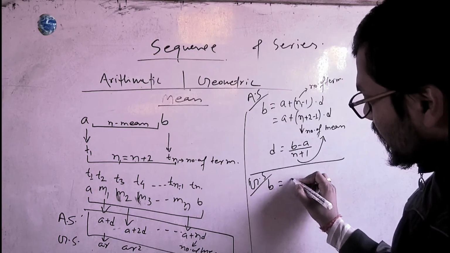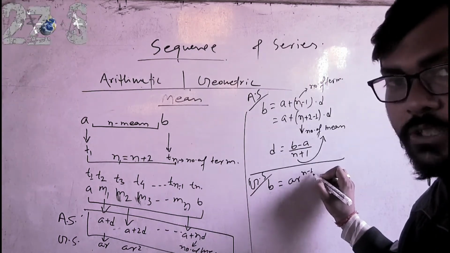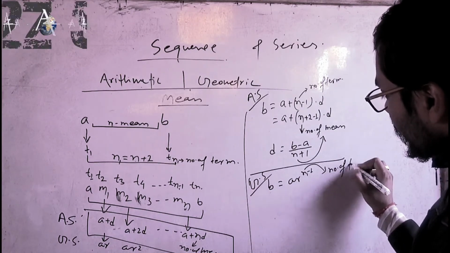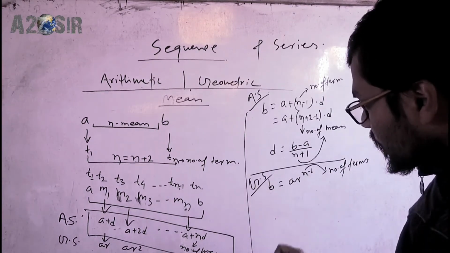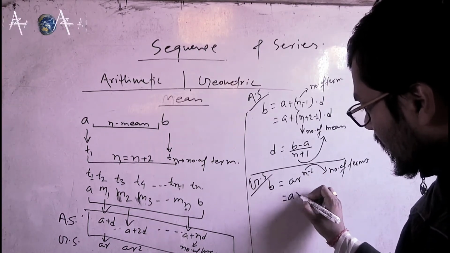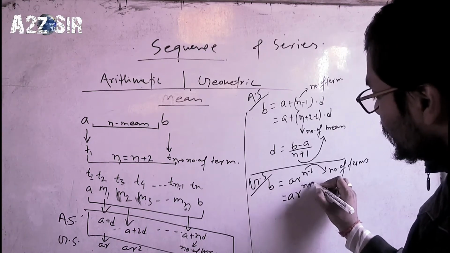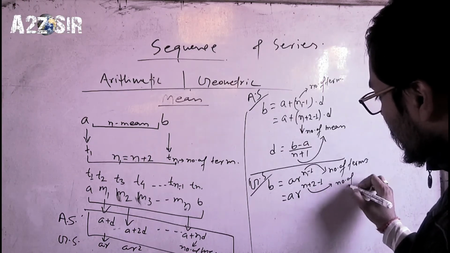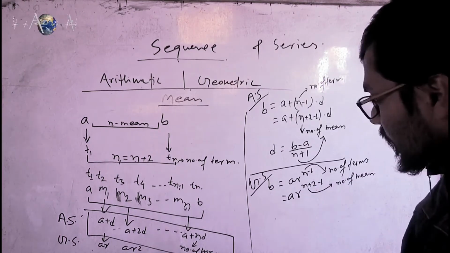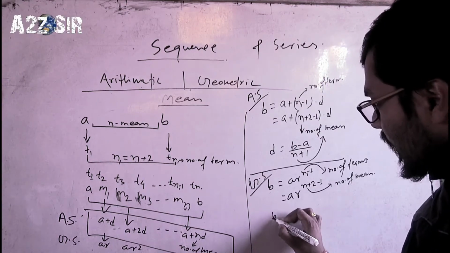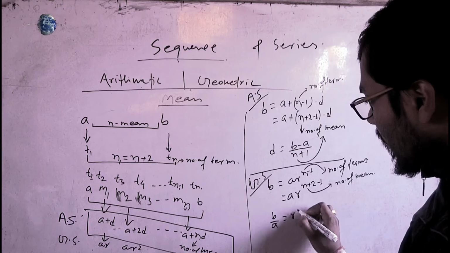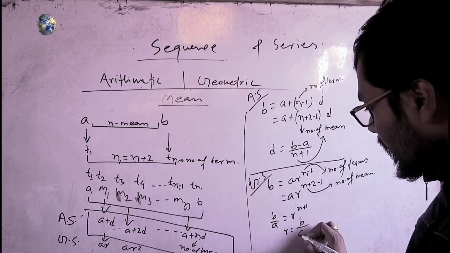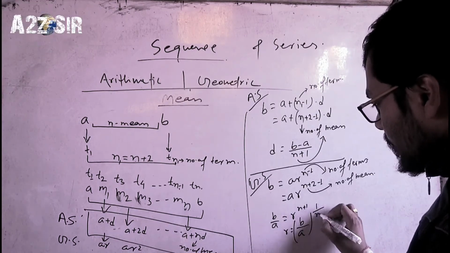B is equal to AR to the power n minus 1, where n is the number of terms, and then you can use AR to the power (n plus 2 minus 1), where n is the number of means between A and B. Then you can apply B by A is equal to R to the power n plus 1, and R is equal to (B by A) to the power 1 by (n plus 1).